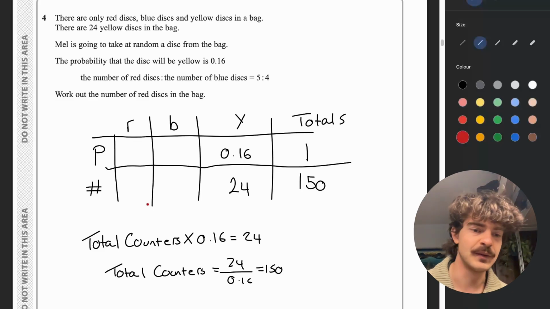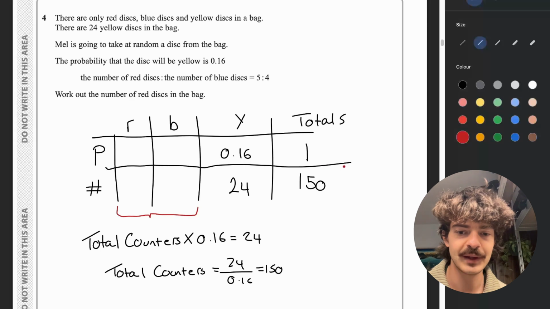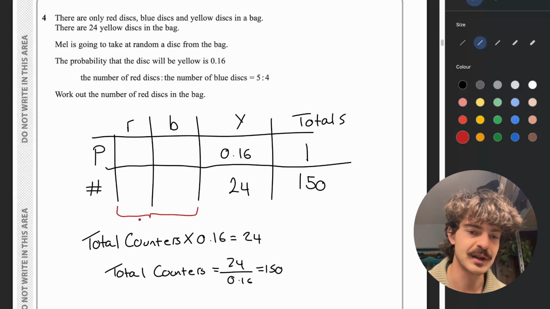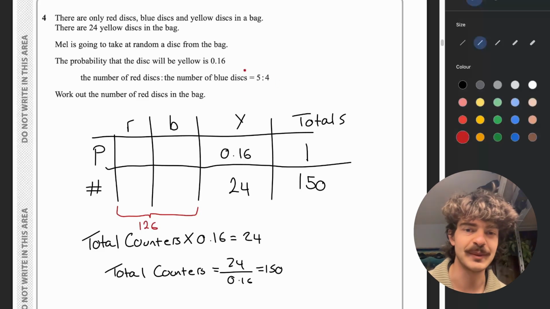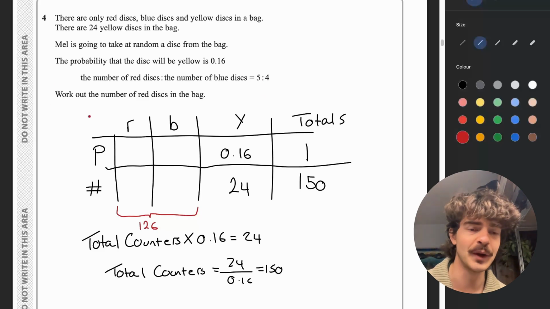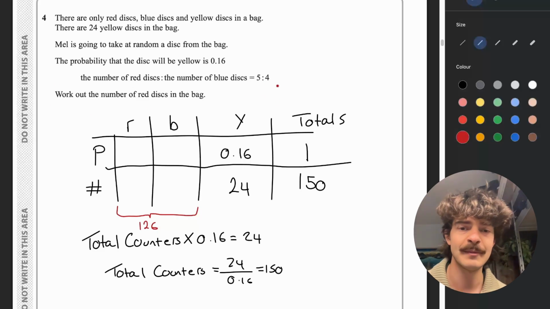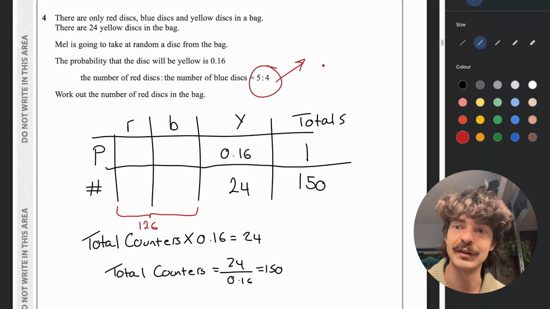So the question remains, how many counters are there that are going to be red and blue? Well, that's going to be 150 minus 24, which is going to give us 126. And now we're just going to be splitting them into this 5 to 4 ratio. We want to work out the number of red discs, so we can think of it as, what fraction of this 5 to 4 are red discs?